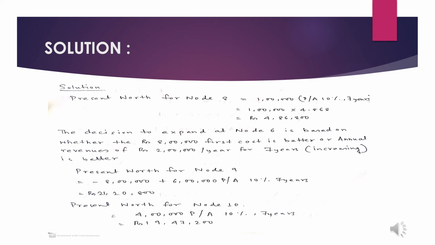If you go back to the previous slide, the decision to terminate the product depends on which is more valuable: the equipment salvage value of 5 lakh or the revenue of 1 lakh per year for 7 years.